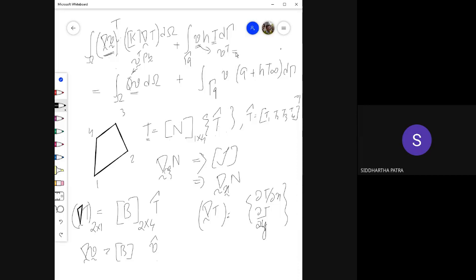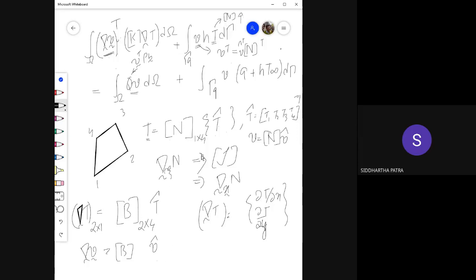So V transpose is basically, just like T, the variation V is also N times V hat, where V hat is V1, V2, V3, V4. So V transpose is V hat transpose times N transpose. Substitute that, and for T it is N times T hat.